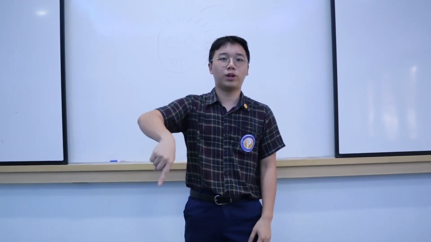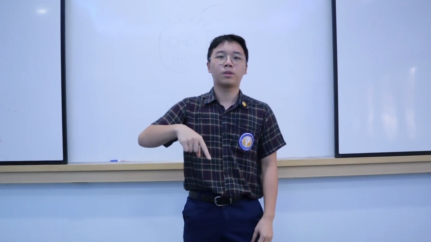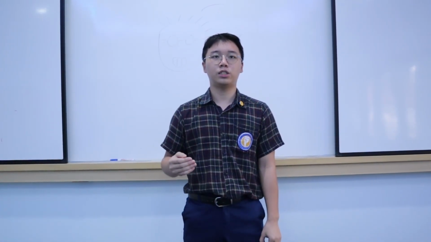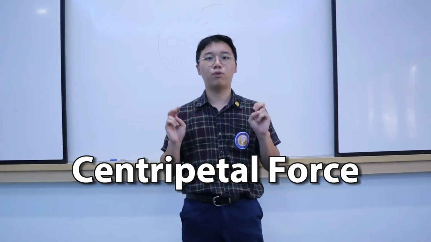And change in velocity over time is equal to acceleration, right? In the case of circular motion, the object's inertia causes it to continue moving in a straight line tangent to the circle. However, because the object is moving in a circular path, it must be experiencing an inward force that causes it to continually change direction. This inward force is called the centripetal force.